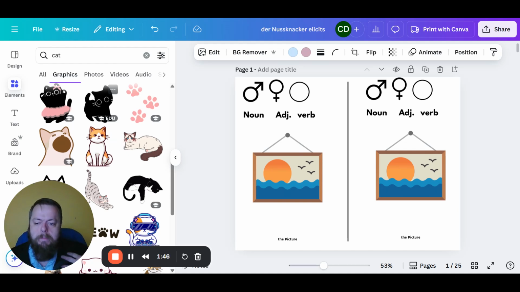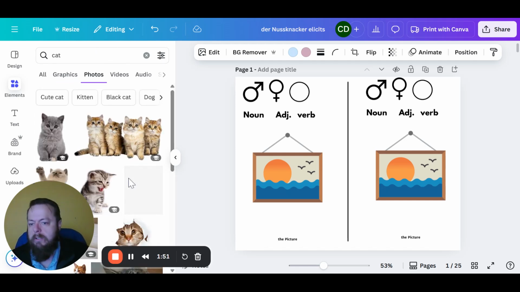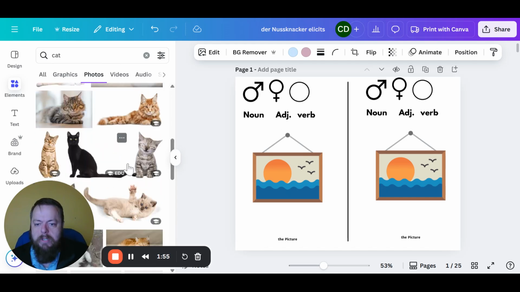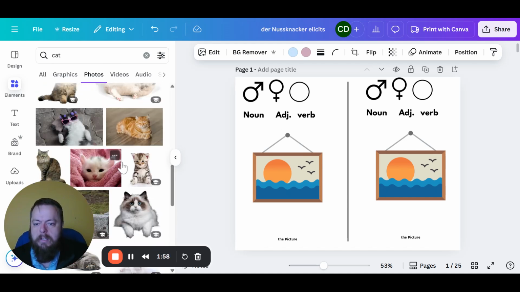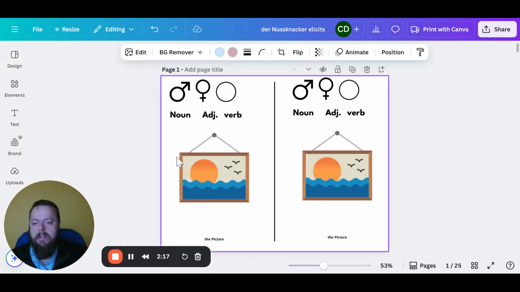So I personally prefer outlines over photographs. There are some in here that are completely adorable, but if your printer is not amazing, it might be tricky to do something like this cat with the sunglasses, or this one right here. You wouldn't be able to tell particularly what that is. So stick with simple so that you can share it and utilize it in another way. Having students color really helps with the buy-in.